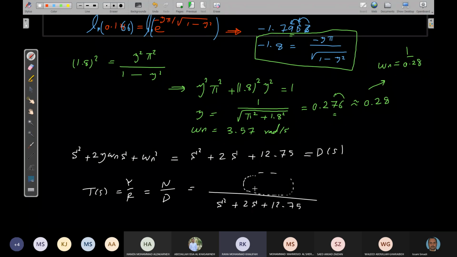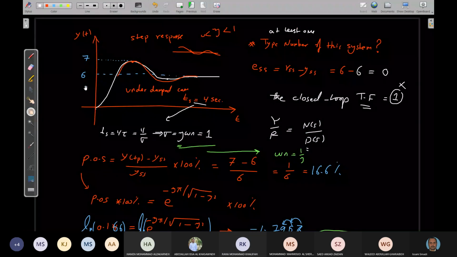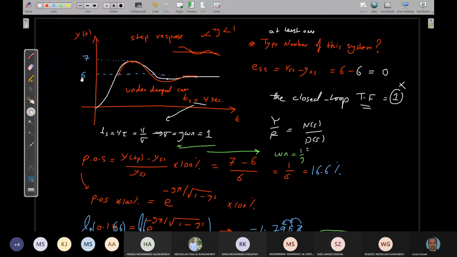Are you sure? Just a minute. I told you that for this problem, if the input is a unit step and I have 6, I need to multiply 6 by omega n square to make the DC value equal to 6.